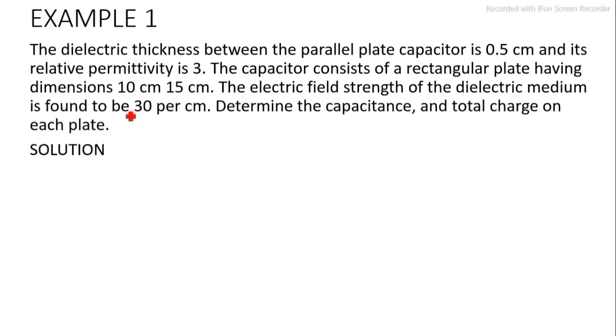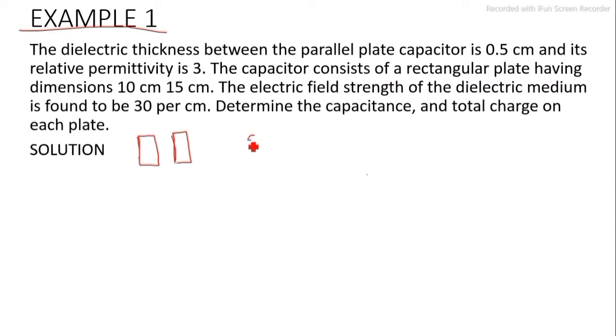So let's solve the first example. Example 1. The dielectric thickness between the parallel plate capacitor is 0.5 centimeter. So you have a parallel plate capacitor, with a dielectric material in between, which is 0.5 centimeter, and its relative permeability is 3.